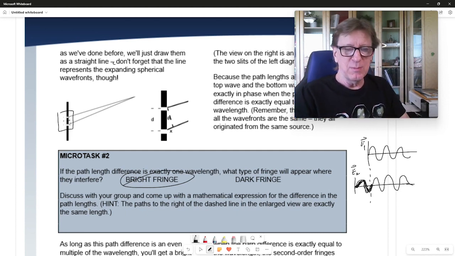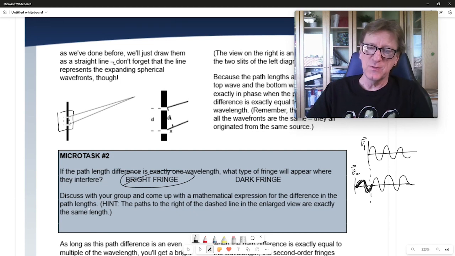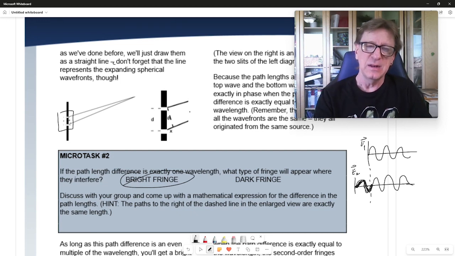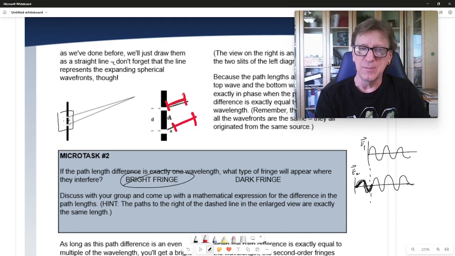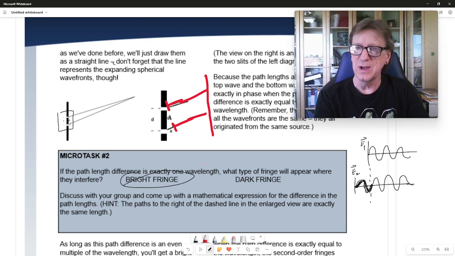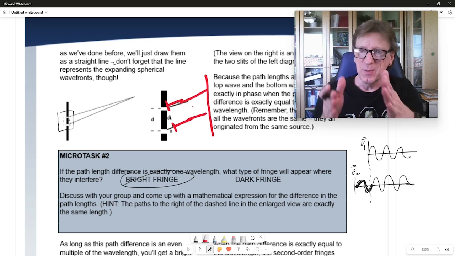Okay, so we want to come up with a mathematical expression for the difference in the path lengths. Now, here's the hint that we give you. This length, let me do this in red so that we can see it, this length and this length are the same. And this ray goes all the way to my screen. You may say, wait a minute, how can these two ever be the same if they're parallel to each other?